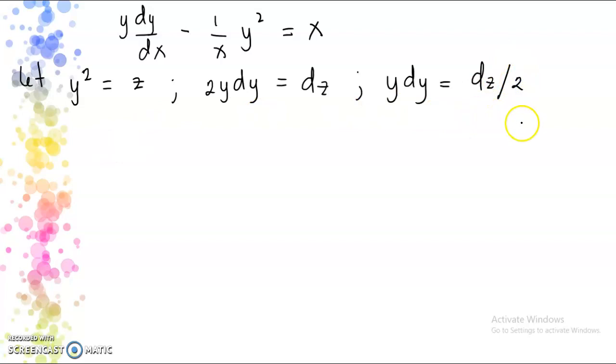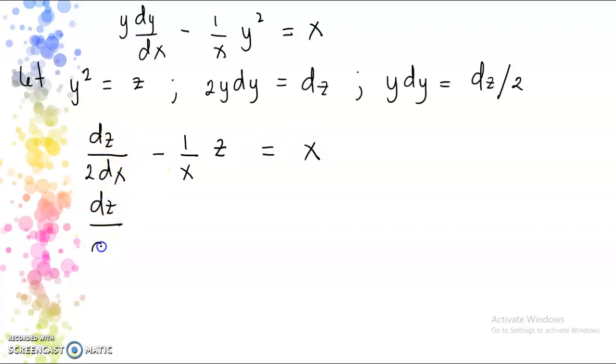We substitute: we have dz over 2 dx minus 1 over x, y squared is z, z equal to x. Therefore, we have dz over dx minus 2 over x z equal to 2x. Now the equation is linear in z.